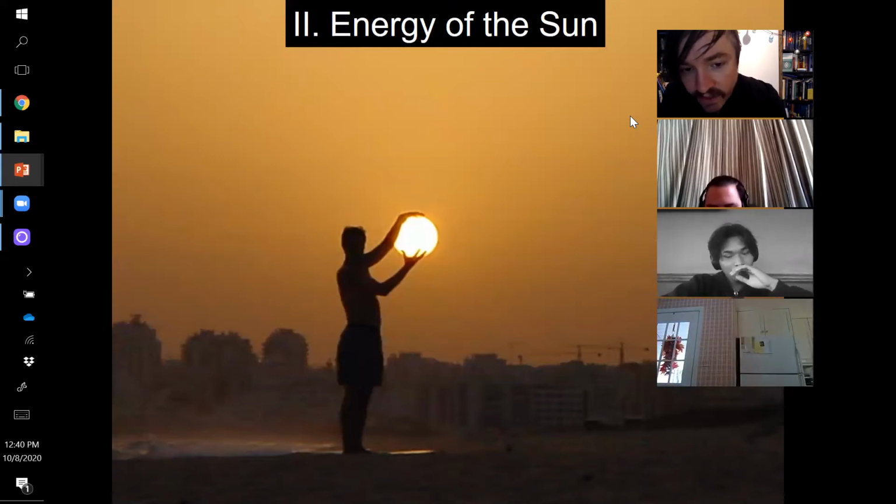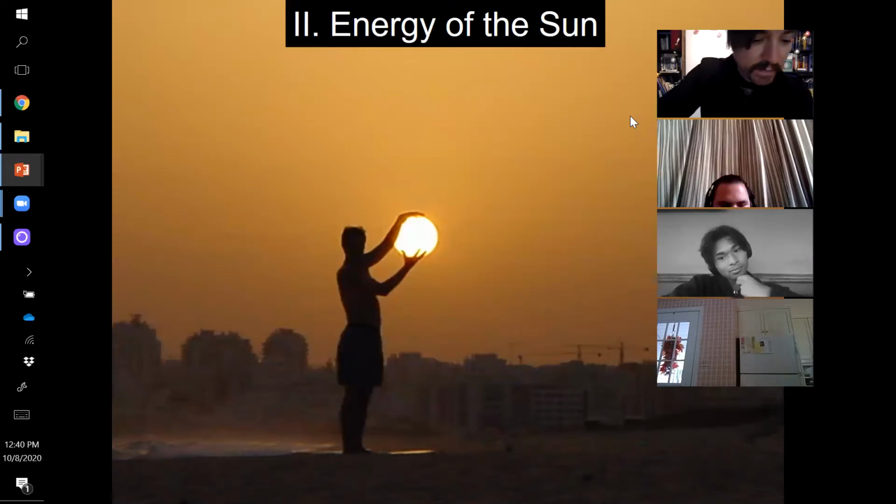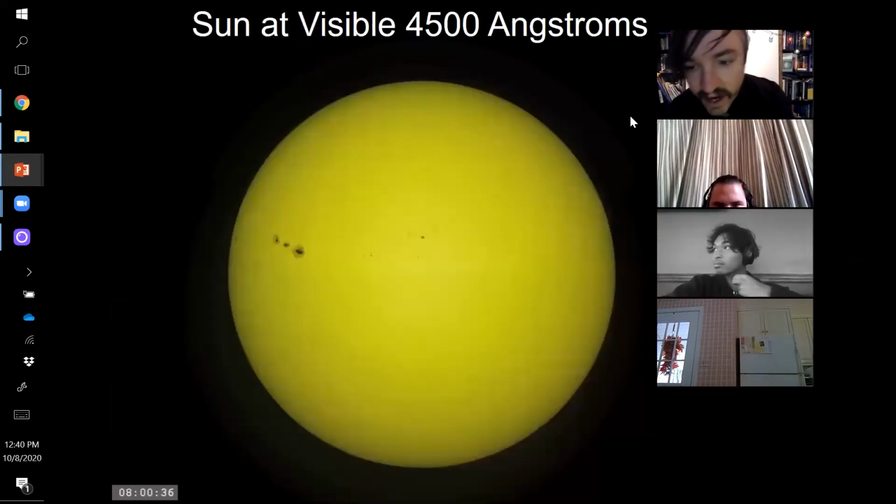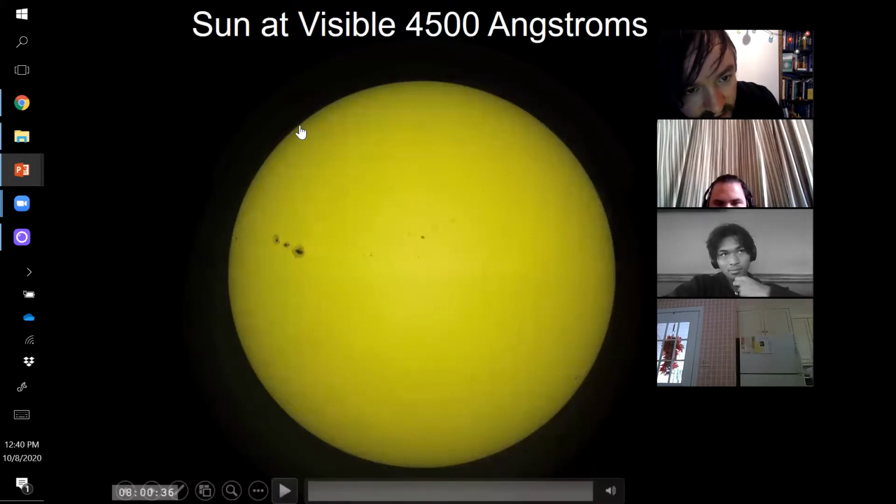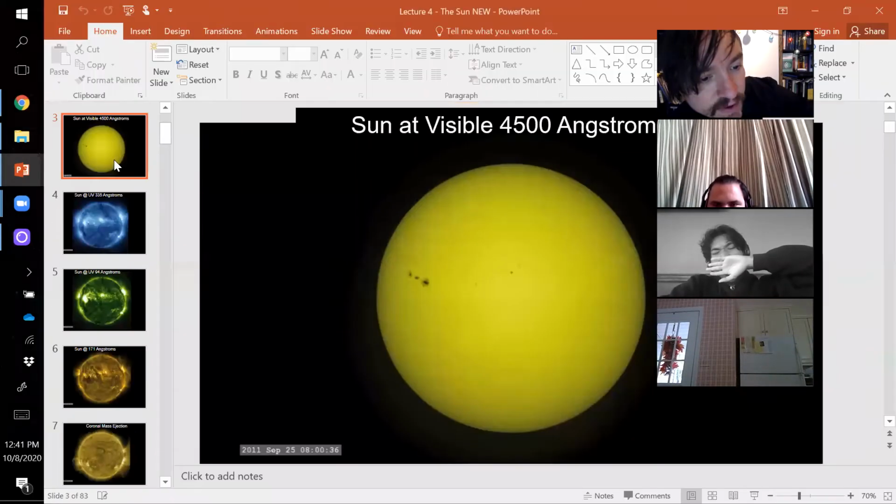The gravity's holding it together, but it must be doing a very fine balancing job, Arunsak, because the sun's radius is super sharp, as you could see in this image. When you look at a photograph of the sun, the edge of the sun is hyper sharp. And that suggests that there must be a very delicate balance between gravity and pressure.